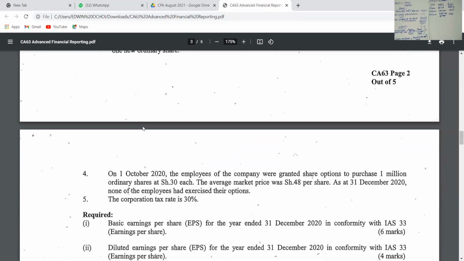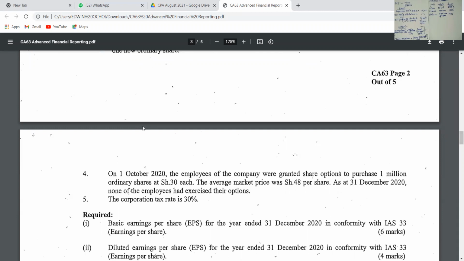The number 4 says that on 1st October 2020, the employees of the company were granted share options to purchase 1 million ordinary shares. Again, share options are used in computing diluted earnings per share, besides convertible securities like convertible loan notes, bonds, or convertible preference shares.